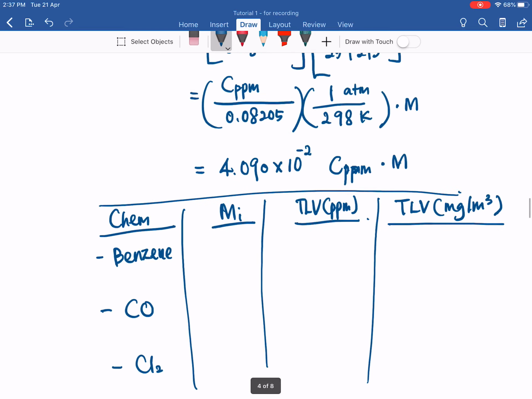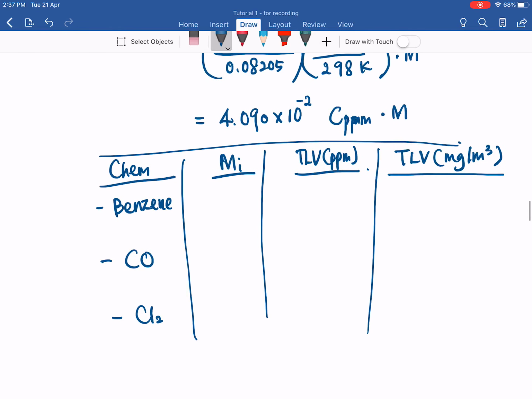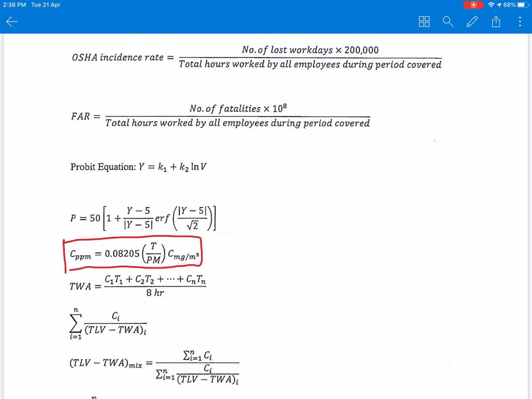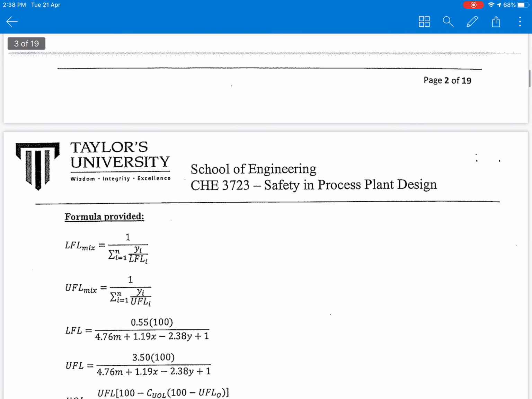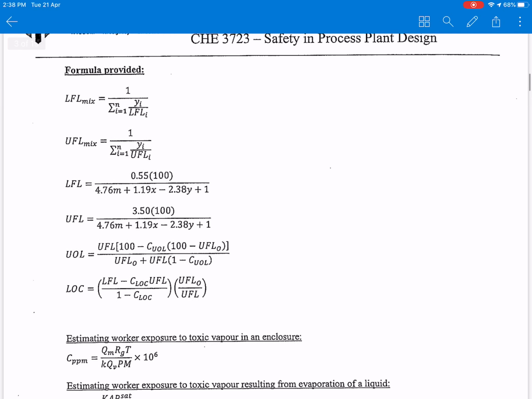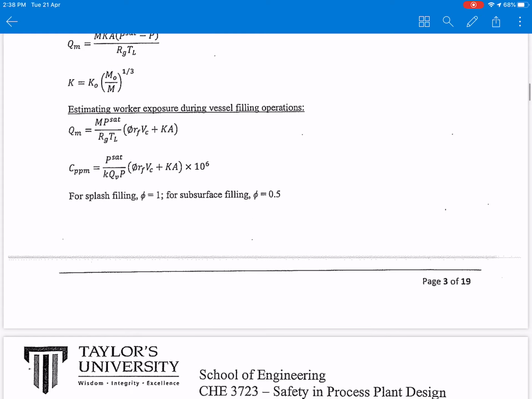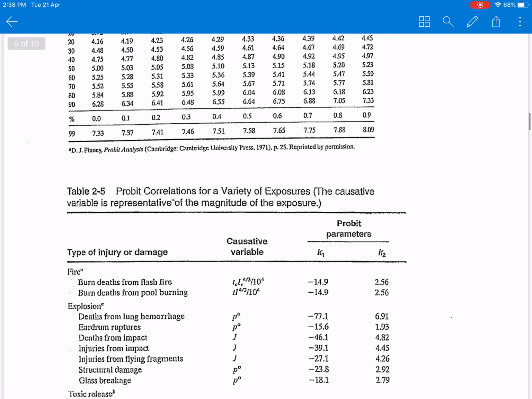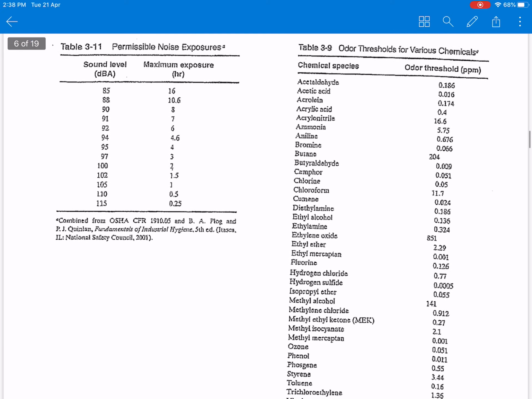Okay, so where do we find all these values? It is in the booklet, so don't worry, just go back to the booklet. Scroll all the way down until you find the threshold limit value data. So this is 2.4, 2.5. No, this is probably equations.